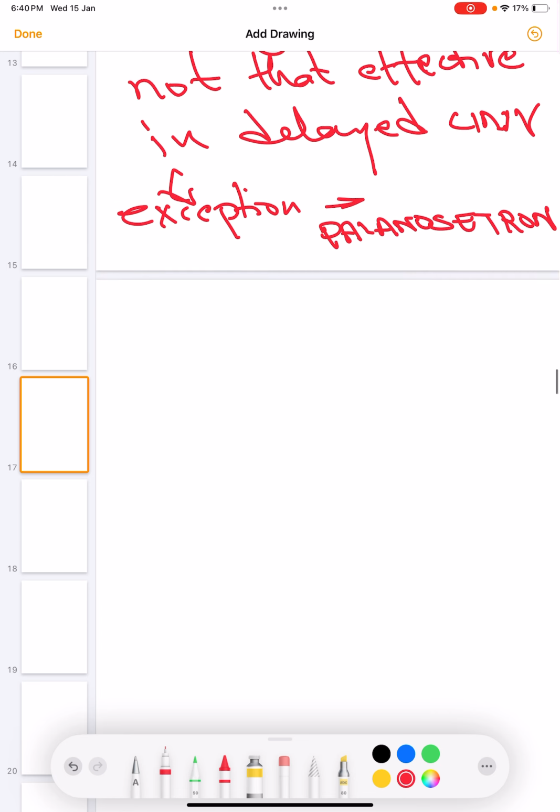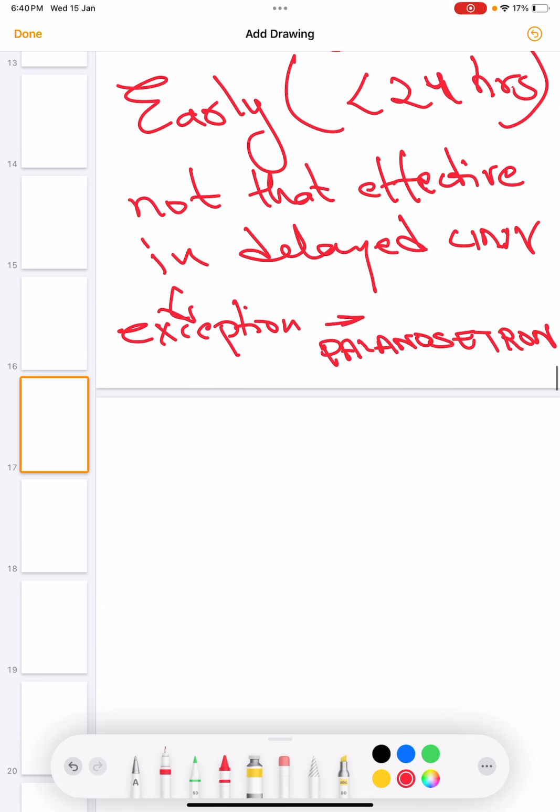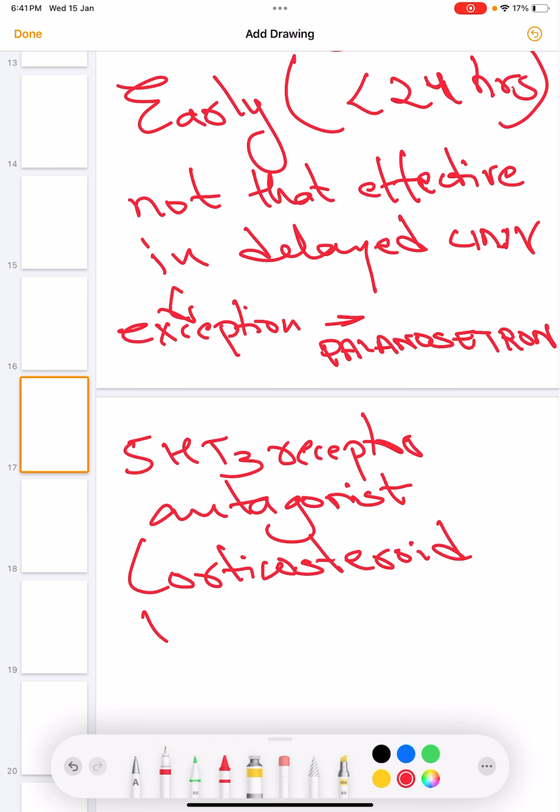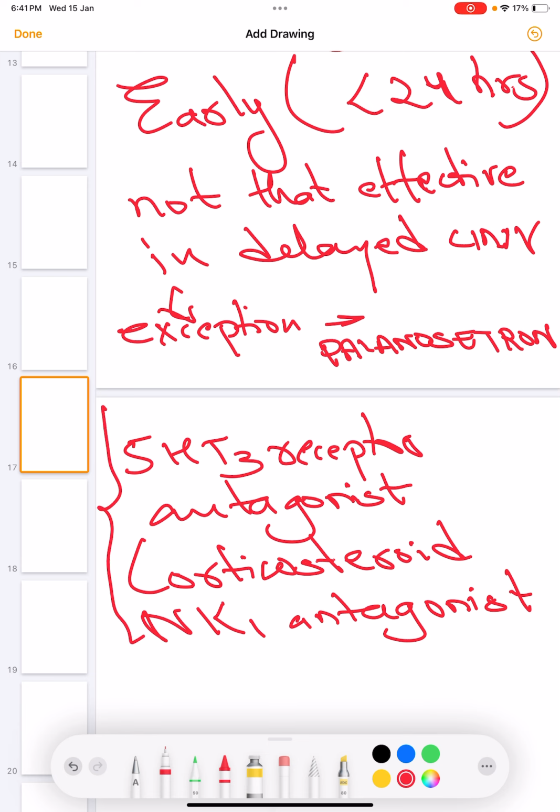Now they are usually given as a combination therapy also. What combination therapy? 5-HT3 receptor antagonist, corticosteroid, and NK1 antagonist. These NK1 antagonists we will discuss later. So these three are used as a combination in chemotherapy induced nausea and vomiting.